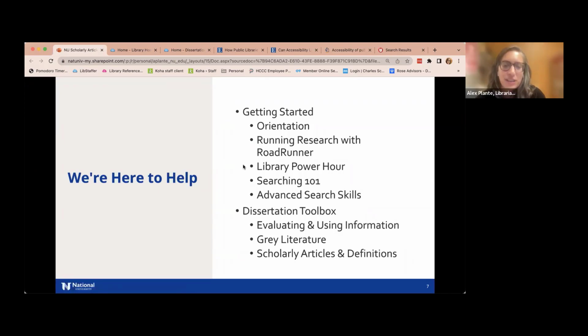Oh, gray literature. So the best way to think about gray literature is it's anything that might be written about your subject area that is not in a scholarly article, right?